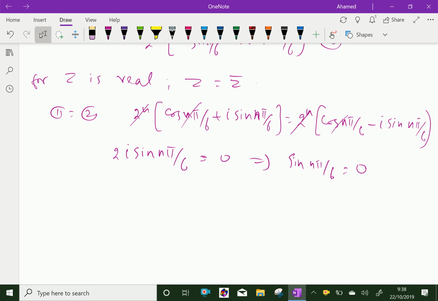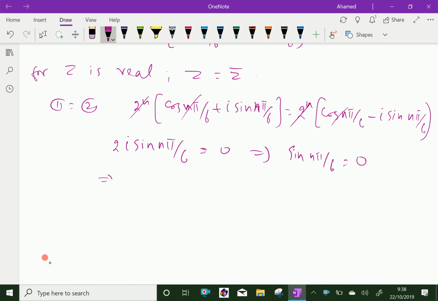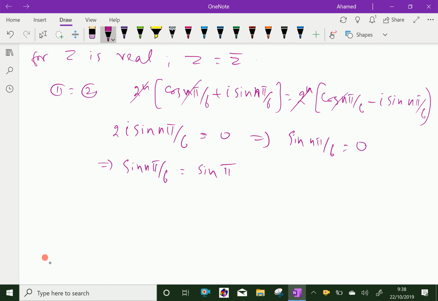Now the solution: sin(nπ/6) equals sin 0, which is 0, and sin π is also 0, because sin 180 is 0. From that, removing sine on both sides, we get nπ/6 equal to π.